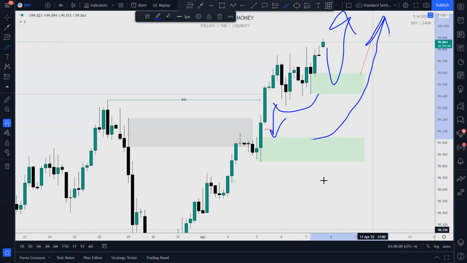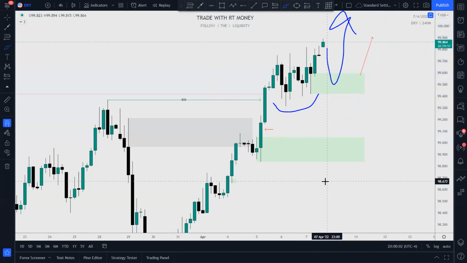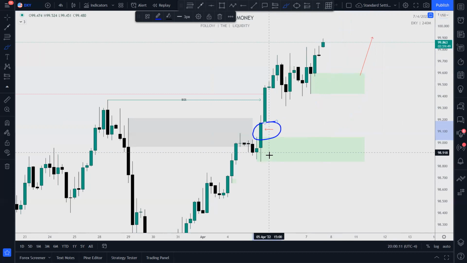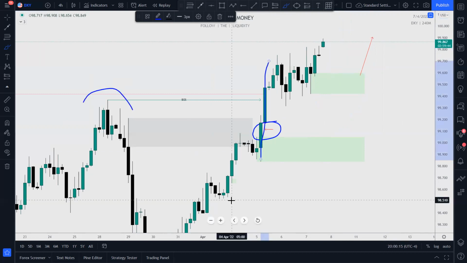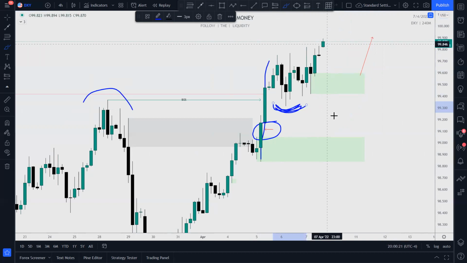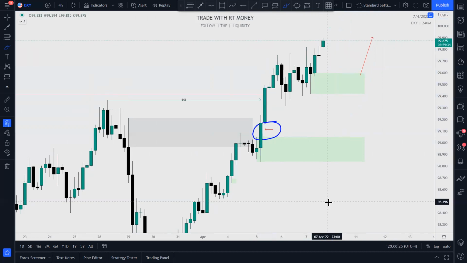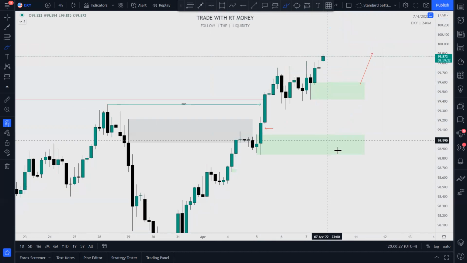So that's one of the criteria that I look for when it comes to supply and demand zones. I want to see an imbalance. I want to see that it has accomplished something. I want to see inducements. I want to see liquidity being taken on the way into any zone of supply or demand. This one checks that box.